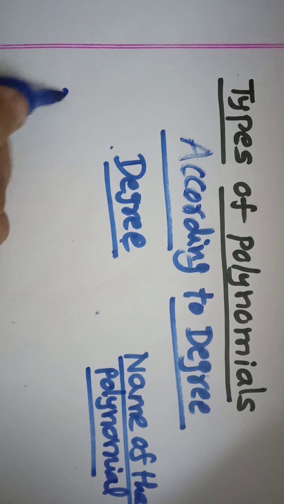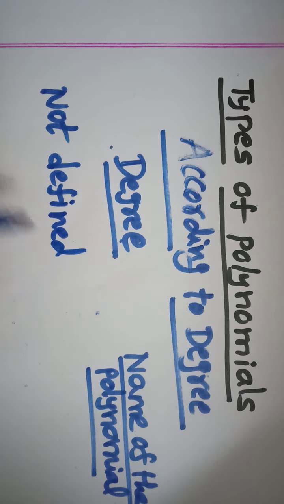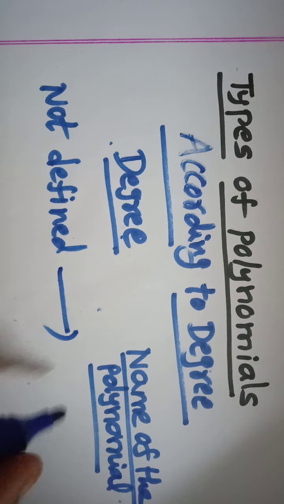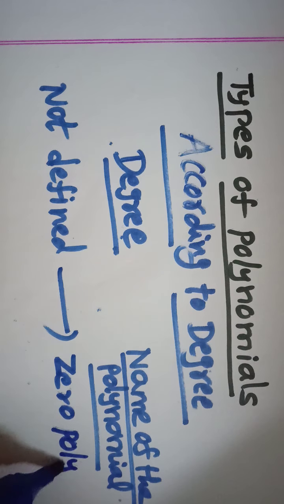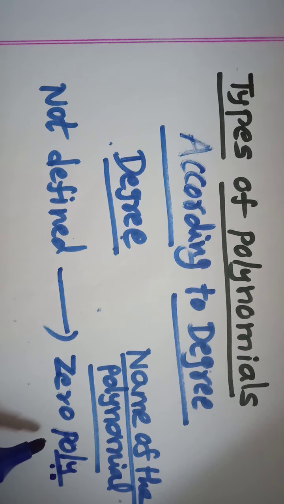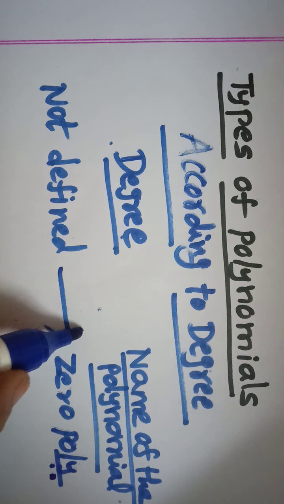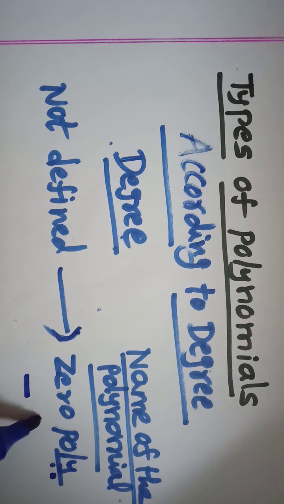If the degree is not defined, what is the name of the polynomial? Simply it is the zero polynomial. If the degree is not defined, then the polynomial is called the zero polynomial. Zero polynomial means simply zero.